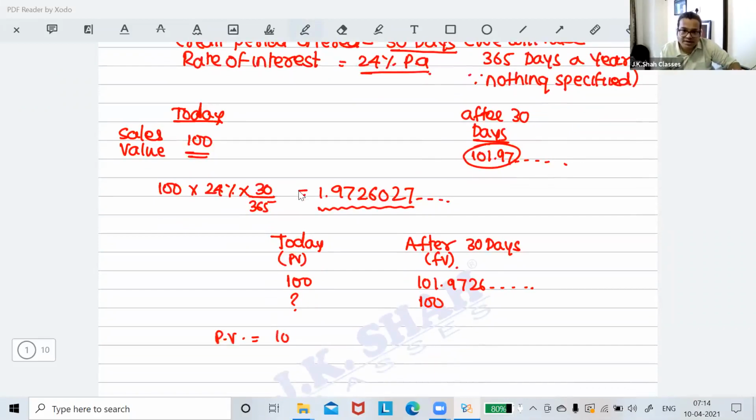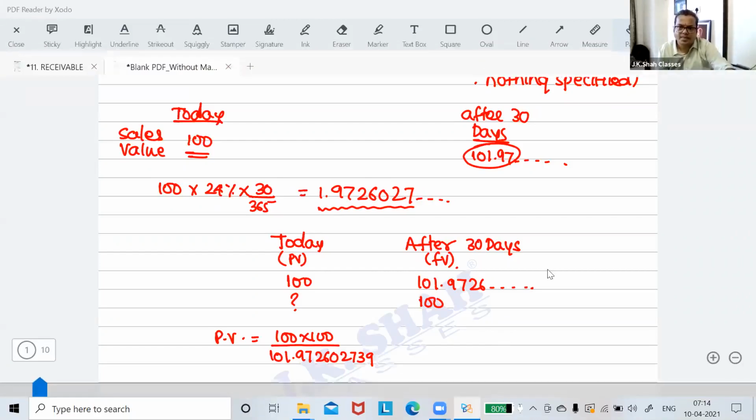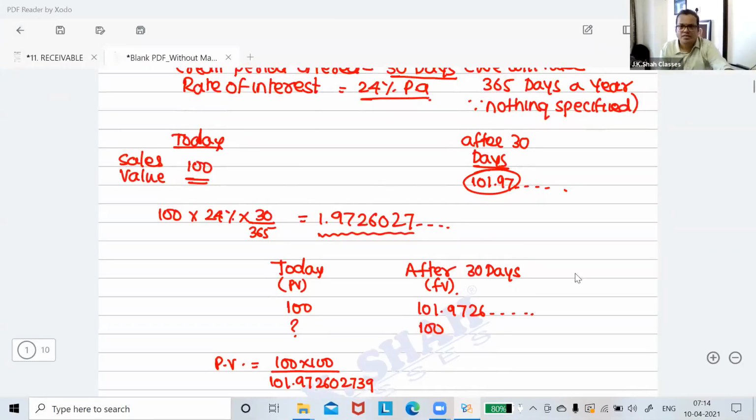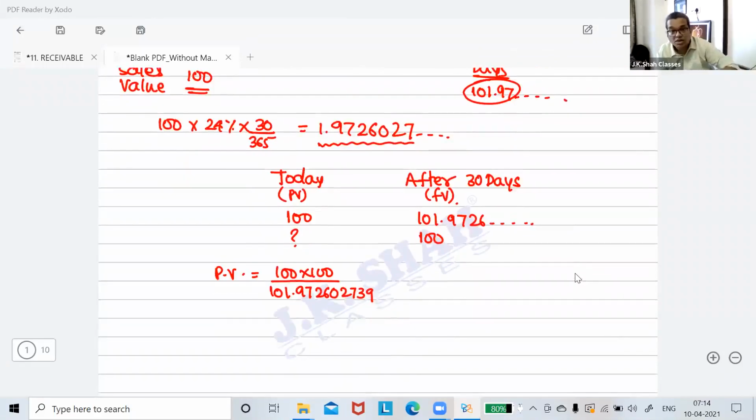The present value would be 100 into 100 upon 101.9726027339. So 10,000 divided by 101.9726.